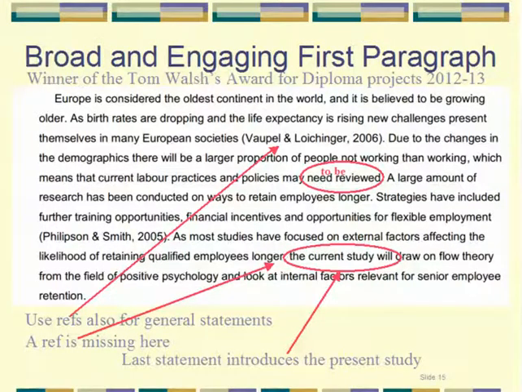So strategies have included further training opportunities, financial incentives, and opportunities for flexible employment, including, for example, part-time work. As most studies have focused on external factors affecting the likelihood of retaining qualified employees longer, the current study will draw on flow theory from the field of positive psychology and look at internal factors relevant for senior employee retention.